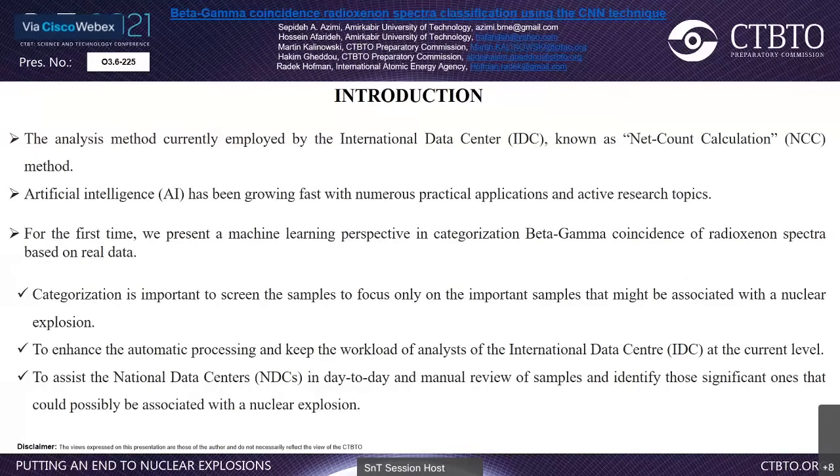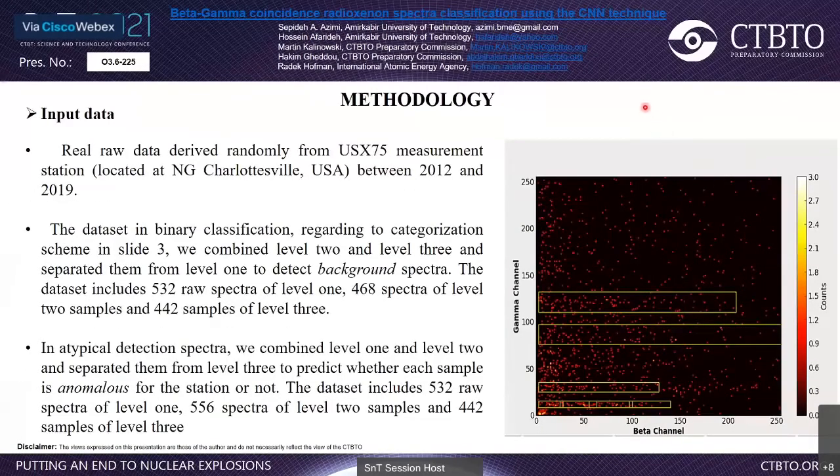In this study, for the first time, we present a machine learning perspective in categorization beta-gamma coincidence of radioxenon spectra based on real data. To conduct our analysis, we utilize experimental raw data derived randomly from USX75 measurement station between 2012 and 2019.